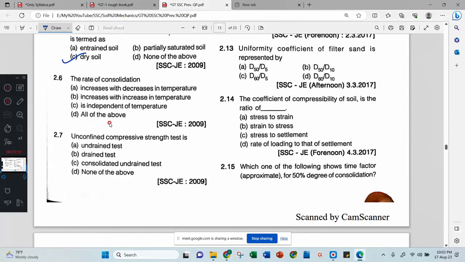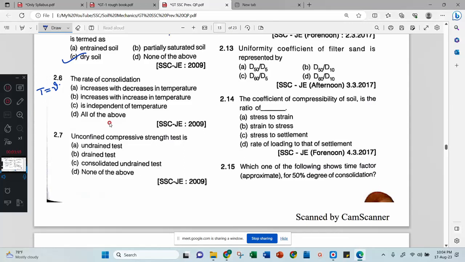How? Any correct explanation? Reason? See, temperature is there, so it is related to viscosity.